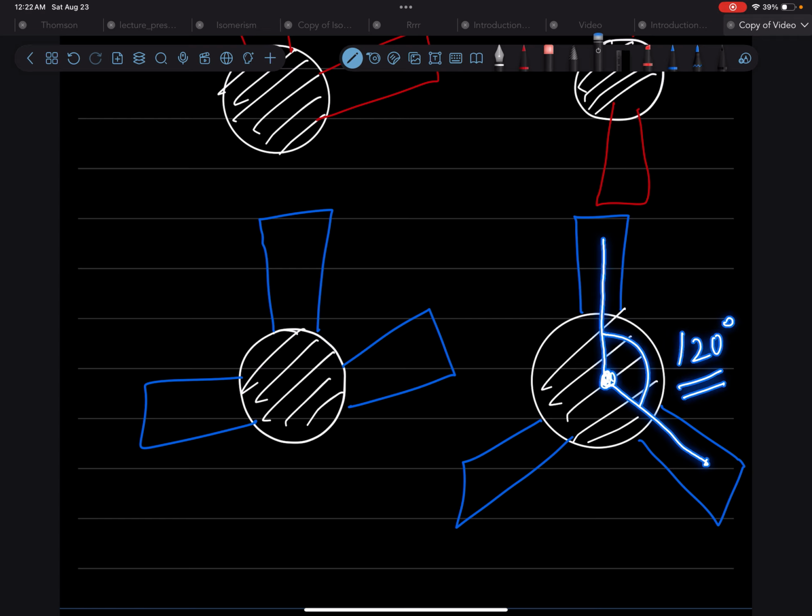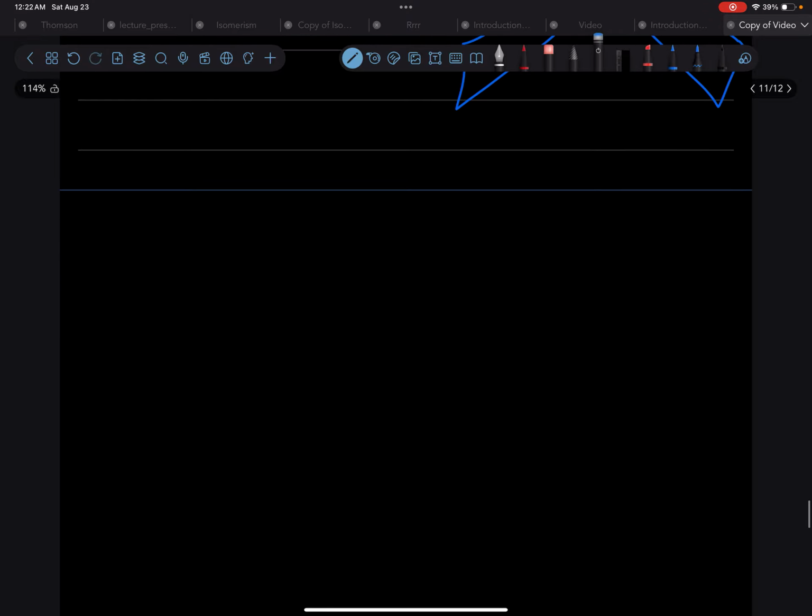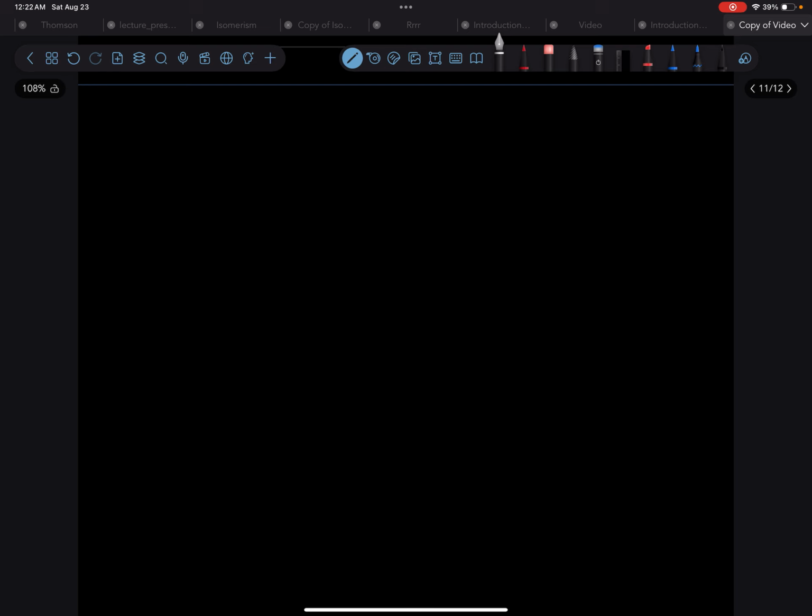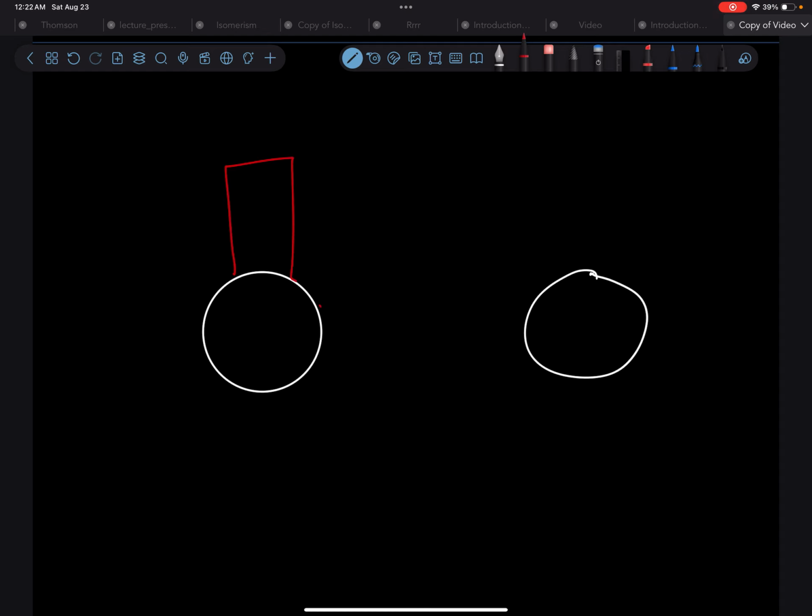On similar lines, if I ask you to arrange four blades around a central plate, so this is the central plate, and you have to arrange four blades around it. By now you know the things, so you will say that they will be arranged like this, and that's true.